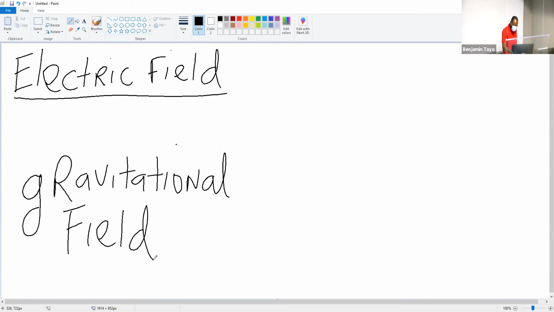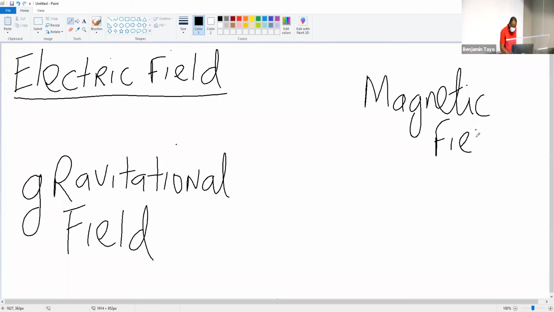I think something that you can easily understand, even much more easily, is the magnetic field. Notice that the key word here is this quantity here. So let me explain to you what this means.